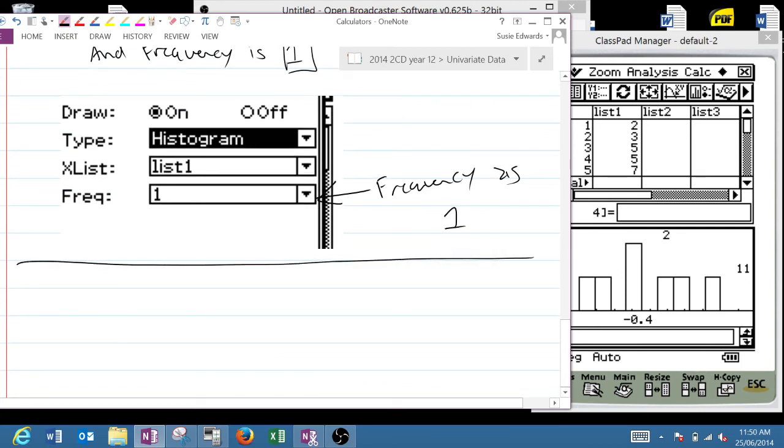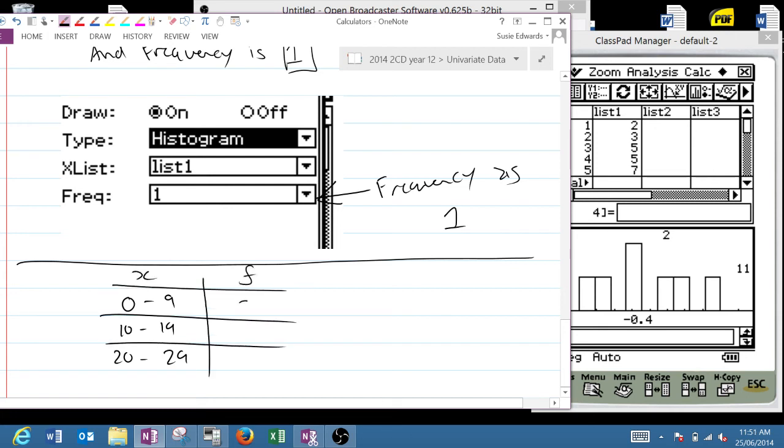Okay, last one. What about if it was group data? So I said 0 to 9, 10 to 19, 20 to 29. There are our scores. This is our frequency. How would I put this into my calculator?